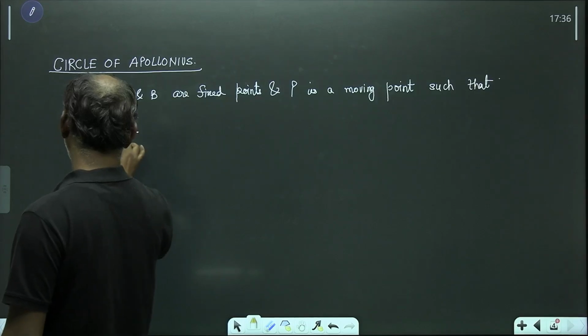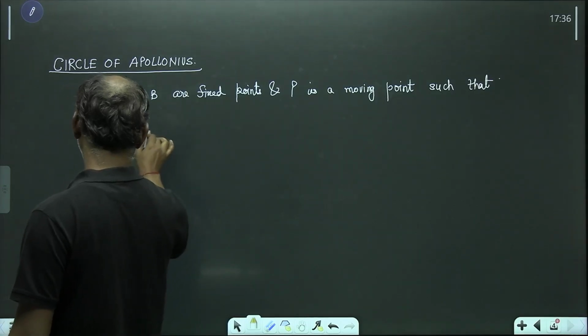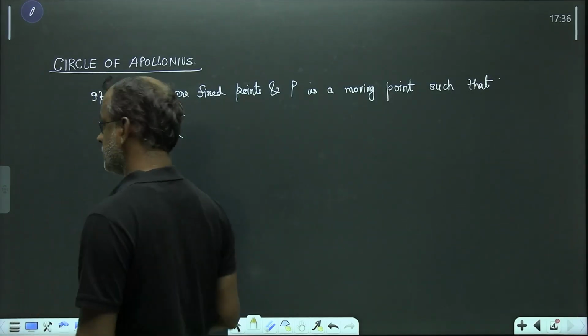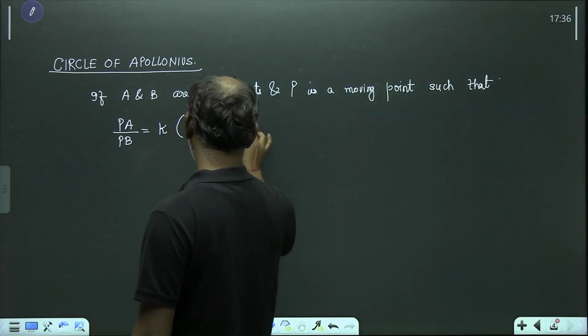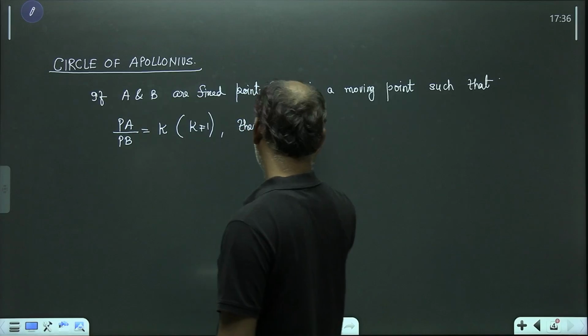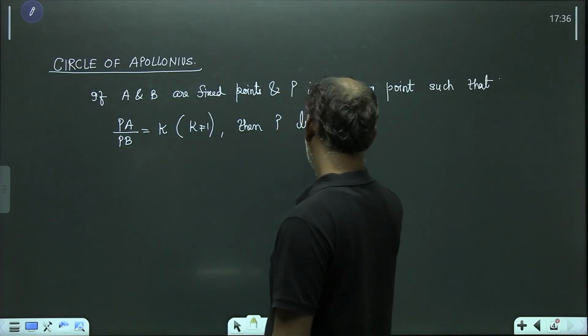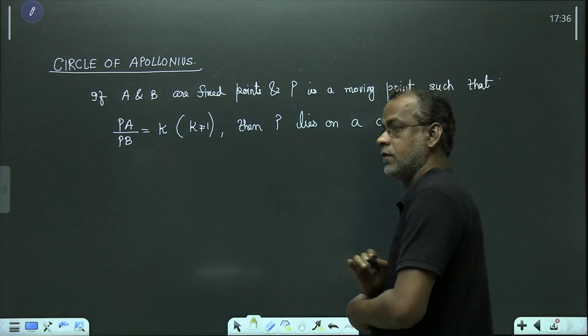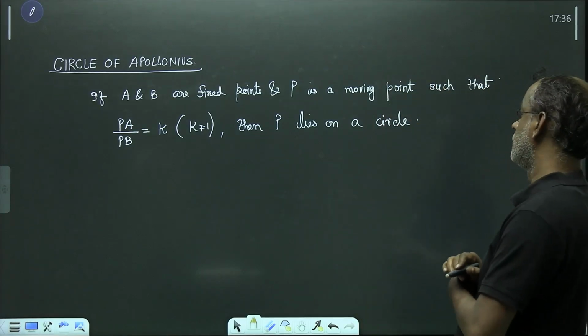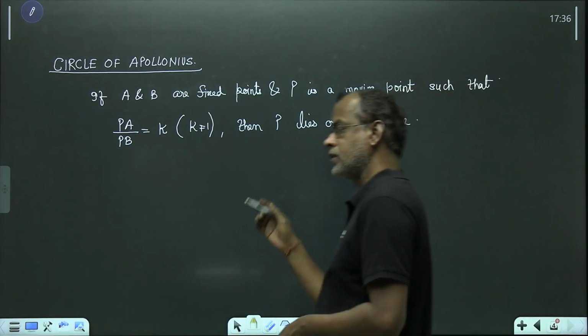PA upon PB is equal to K, K not equal to 1, then P lies on a circle. PA by PB is a constant.